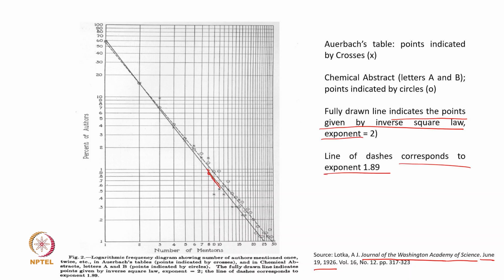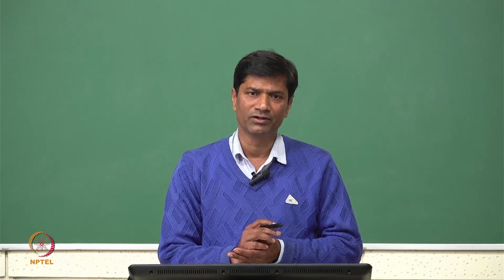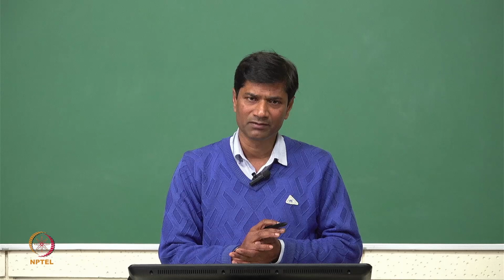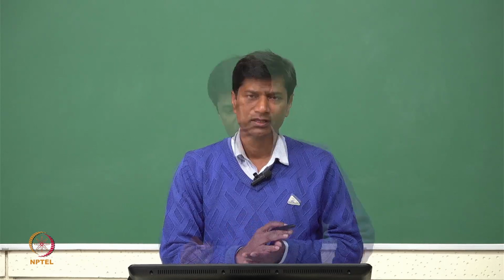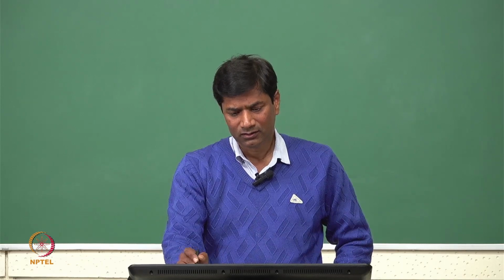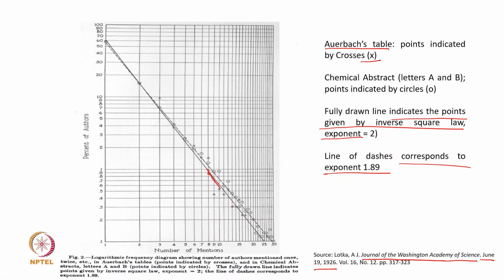Now, as I mentioned, Lotka evaluated two sources, one is Auerbach and the other was Chemical Abstracts for letters A and B. These crosses are for Auerbach physics, and these circles are for Chemical Abstracts.